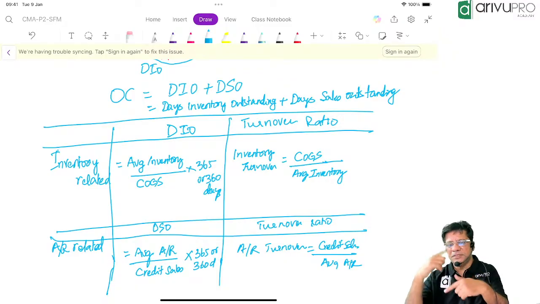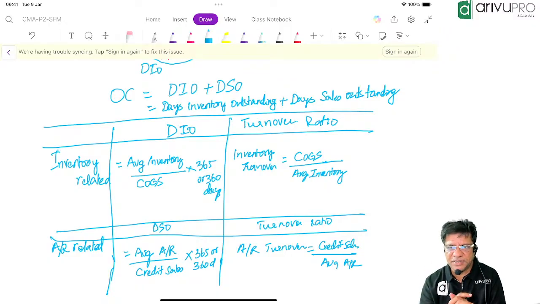How many times is AR turned over into generating X amount of credit sales? Faster, slower, and how it is related to number of days.